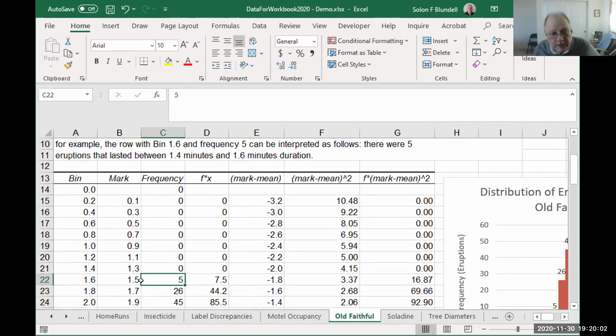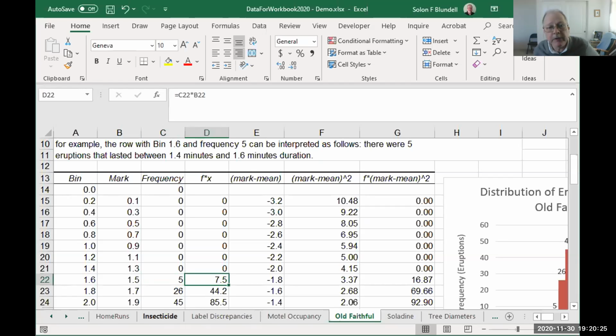So we're going to add up 299 different eruptions, and here are 5 of them, each one about 1.5 minutes long. So you add those up, 1.5 plus 1.5 plus 1.5 plus 1.5 plus 1.5. You get 5 times 1.5.